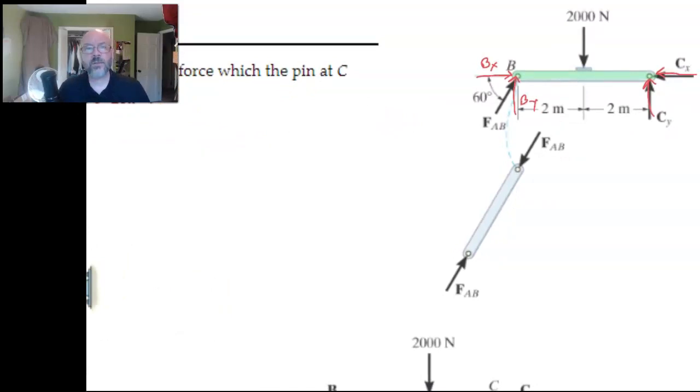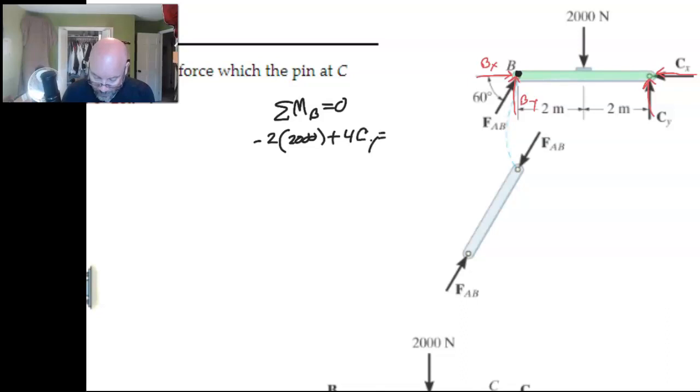There's probably 2 or 3 different ways to do it. I'm just going to show you how I went about it. And what I did right off the bat is I put a pivot right here at B. Okay, and so then I was dealing with my moment at B. Has to be 0. And so I had a negative 2 by 2000 plus 4 CY.